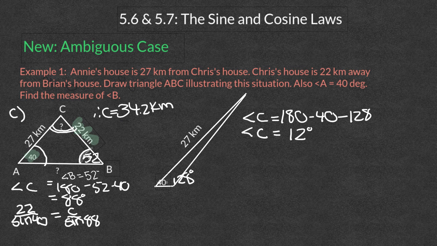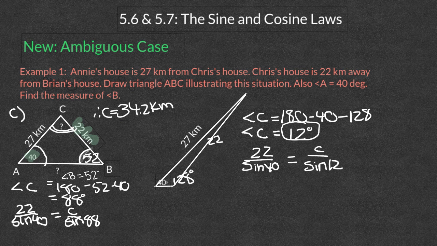Case two over here, we'll do the exact same thing again. This side here is 22 over sine of 40 is equal to, again, lowercase c over sine of angle C, but angle C this time, remember, is 12 degrees, so sine of 12.